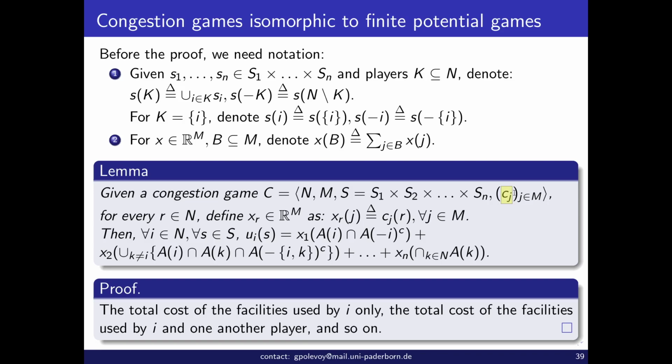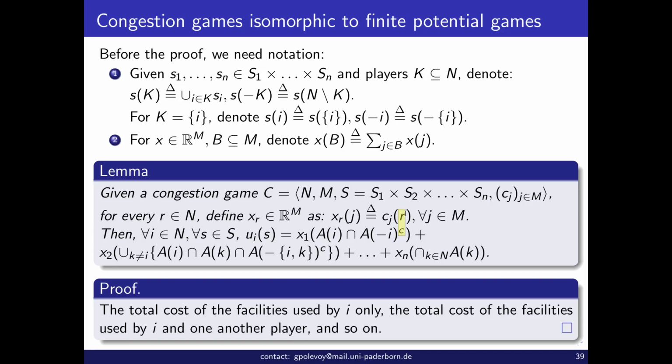For any number R, define X^R as a vector in R^M, so a vector for each facility. As follows: the jth entry of that vector is defined as the cost of facility j when R is the number of the users.